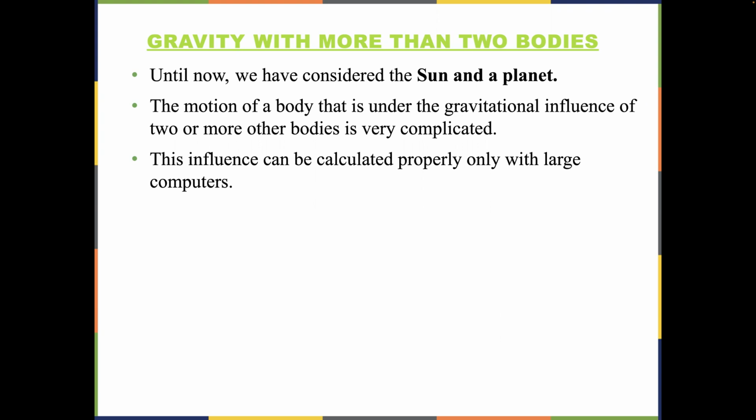Each and every time, even when we talk about Kepler's laws, we did not talk about more than two objects. Always we considered the sun and another planet, or maybe two planets. But most of the time we consider the sun and a particular planet that we are interested in, right?